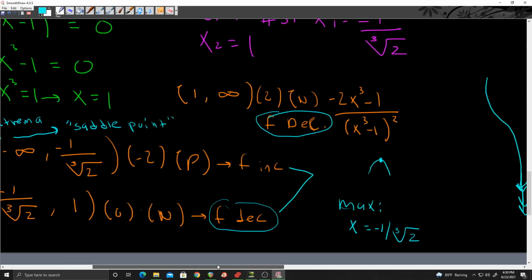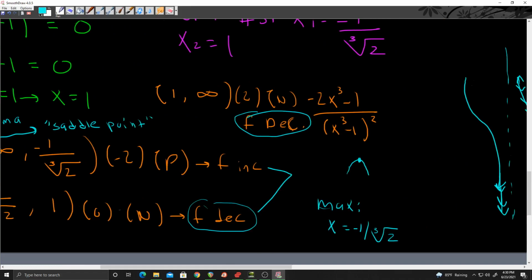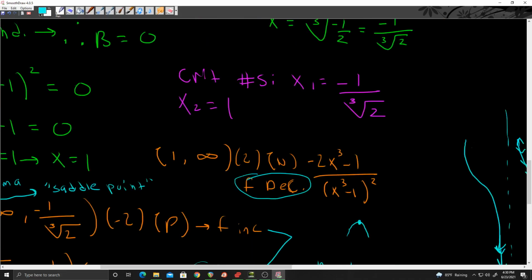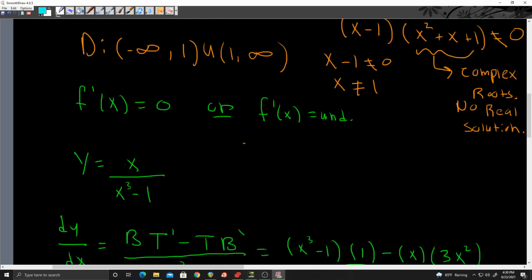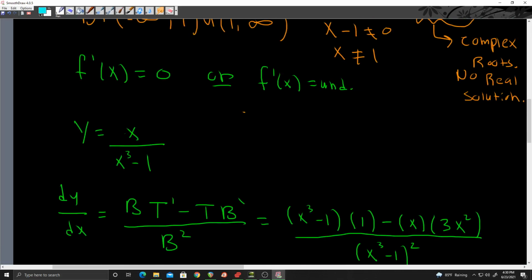Okay. All right. And now if we want the y value of the maximum here, we just plug it back into the original function. So again, x is negative 1 over the cube root of 2. So if we want the y value, we're just going to do f of negative 1 over the cube root of 2.